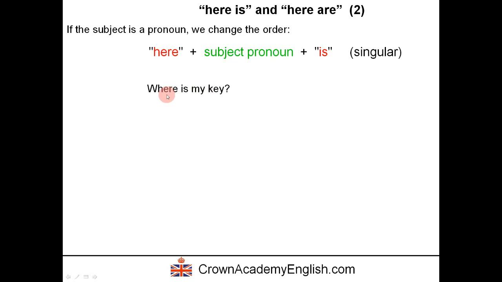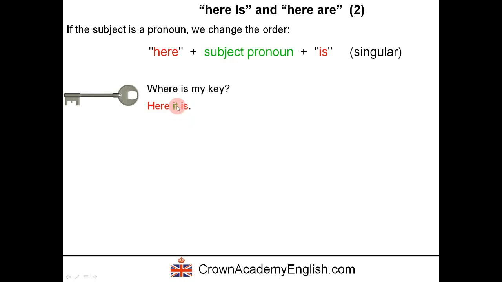An example is, where is my key? And we reply, here it is. So we don't say here is it. No, we say here it is. So here is because it's singular, and it is the subject pronoun.